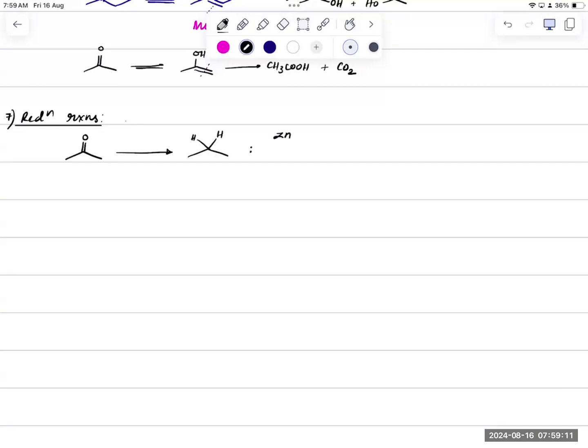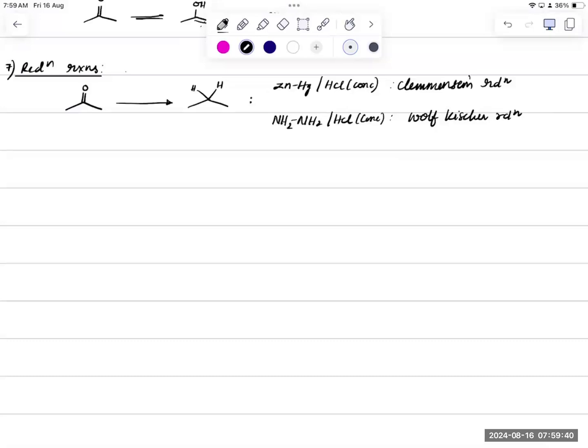One is zinc, mercury in concentrated HCl, which we call Clemmensen's reduction. Or we can do the same thing with NH2NH2 and base. This is called Wolff-Kishner reduction.